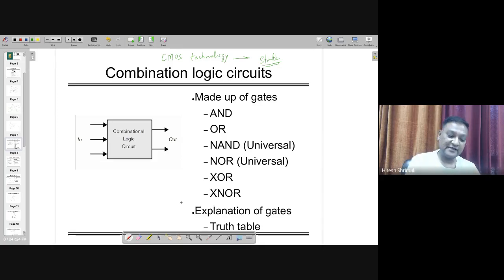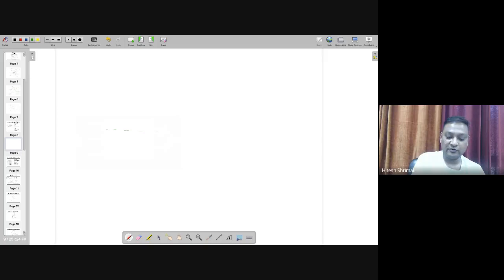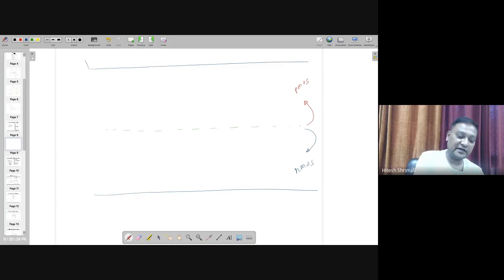Just referring to what we studied in the stick diagram, if you remember, the upside is always PMOS, the downside is always NMOS, and there are two rails, one connected to VDD and one connected to ground. This is going to be known as logic 0 and this is going to be logic 1. When you are doing this, the upside will not have only one PMOS now, as we are not making just an inverter.